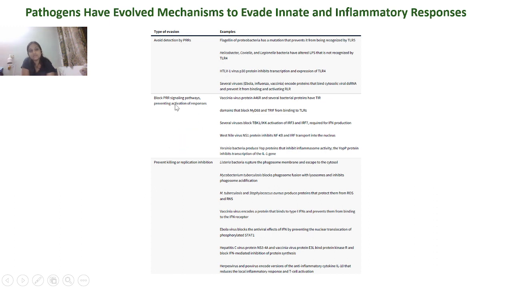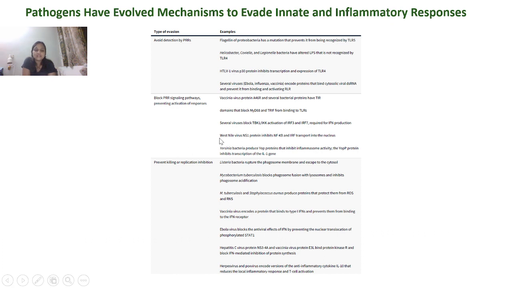Otherwise, they can block the PRR signaling pathways, preventing activation of responses. For example, vaccinia virus protein A46R and several bacterial proteins have a TIR domain. The TIR domain interacts with the TIR of these receptors and blocks the PRR signaling pathways, preventing adapters from binding to the TLRs. Then there are several viruses that block TBK1 and IKK-epsilon activation of IRF3 and IRF7, which is required for IFN production.